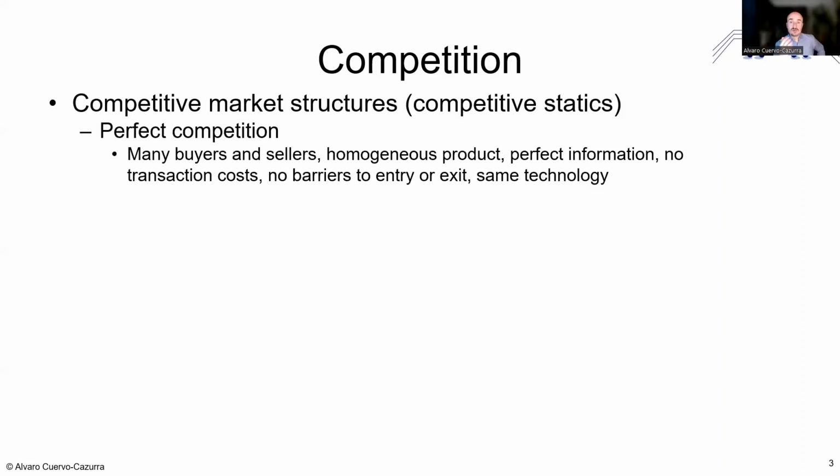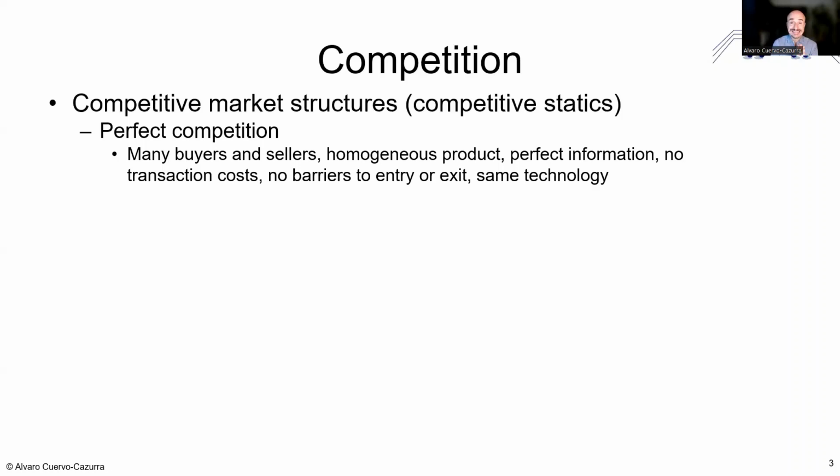We have perfect competition. What is perfect competition? It is a laboratory, and this is a concept that we use often. The reality is that there are few or pretty much no industries in which we have the conditions of perfect competition. We have to have lots of buyers and sellers. The product is homogeneous, it's a commodity, you cannot differentiate, it is pretty much the same for everybody. Everybody has perfect information.